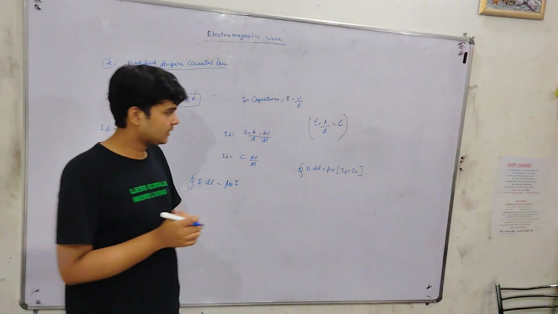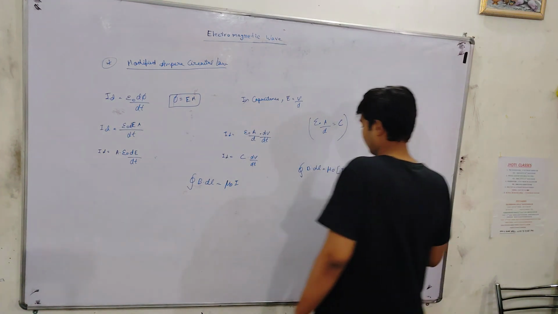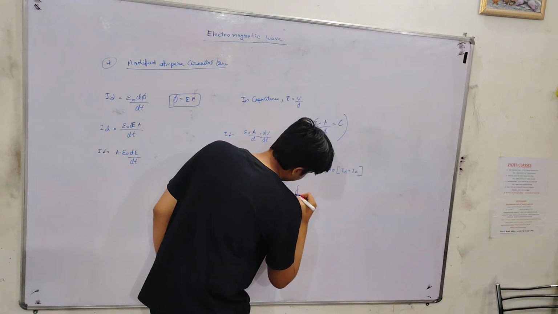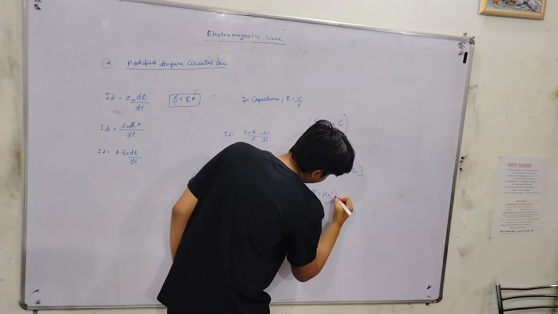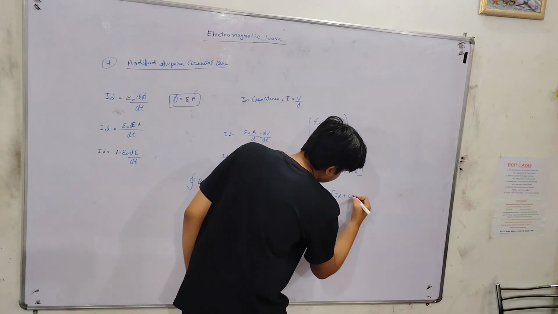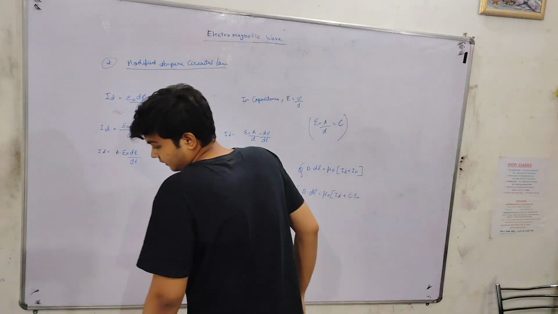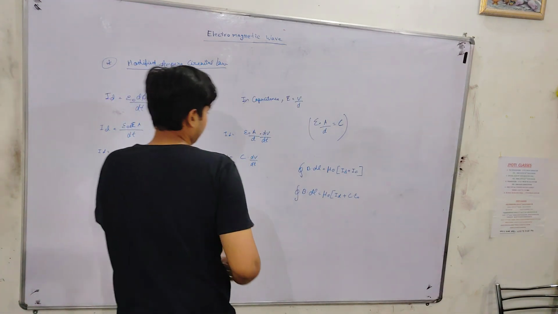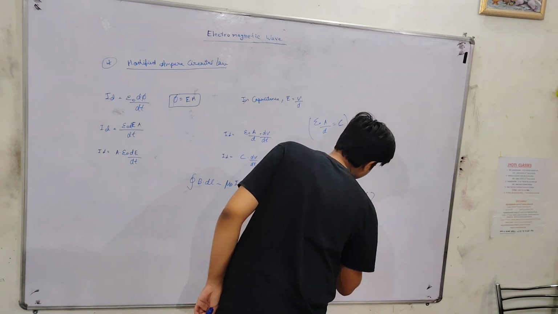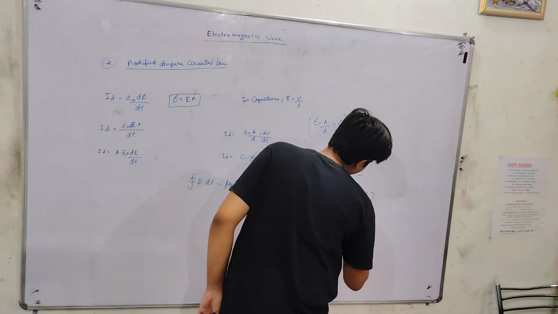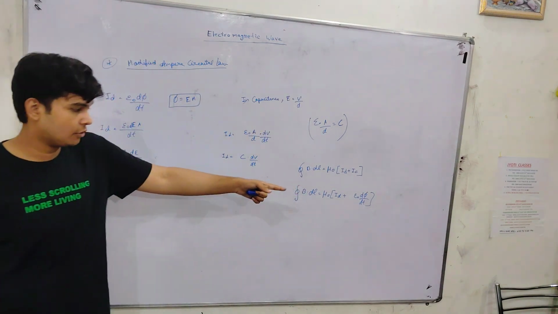In the place of IC, if its value is not given, we will write like this: B dot dl equals mu naught times ID. Displacement current we have to find is epsilon naught d phi by dt. If the flux changing with time is given, we will put the value of flux.